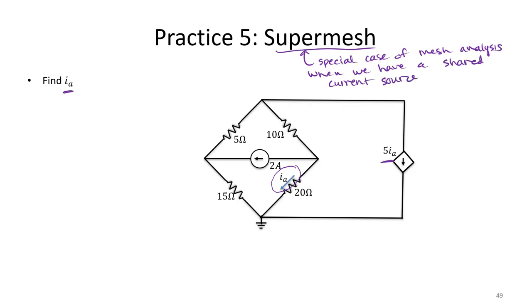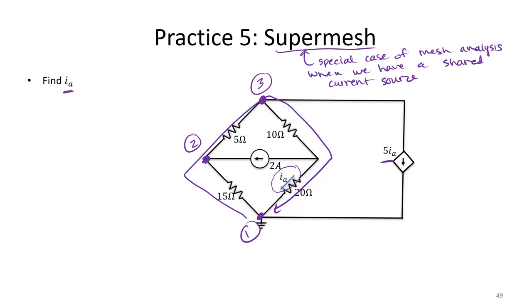In this case, notice we can apply a supermesh equation around that diamond-shaped portion, and that will allow us to get one equation for our circuit. We also have several nodes, which I will label here as node 1, node 2, and node 3.